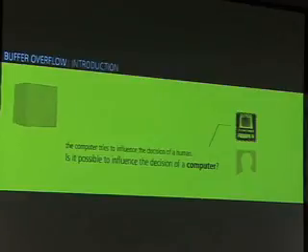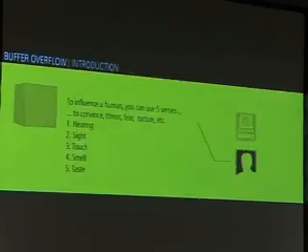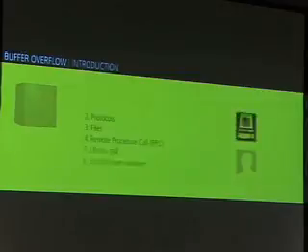But if there is another solution to modify the decision of a computer, if we look at the case of a human, you can use senses: hearing, sight, touch, smell, taste. And with them, you can try to convince the human, to threaten him, to frighten him, or to torture him, always in order to influence his decisions.